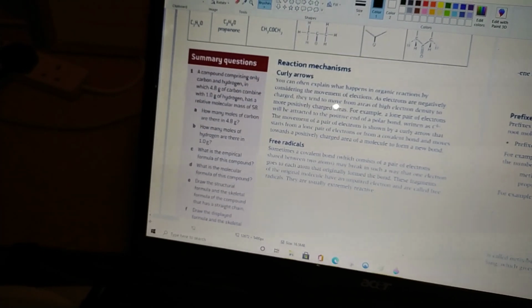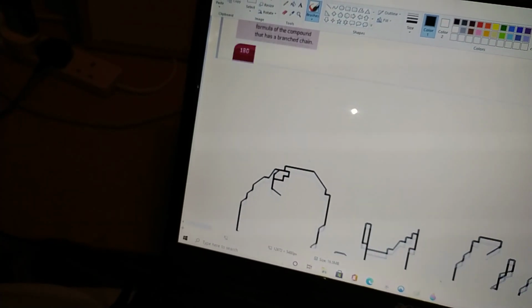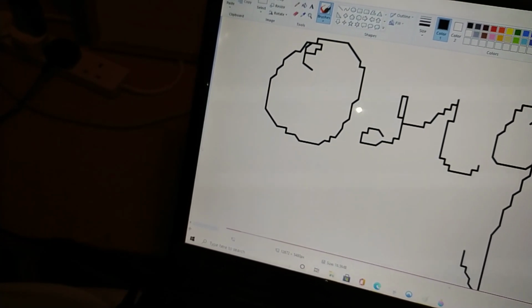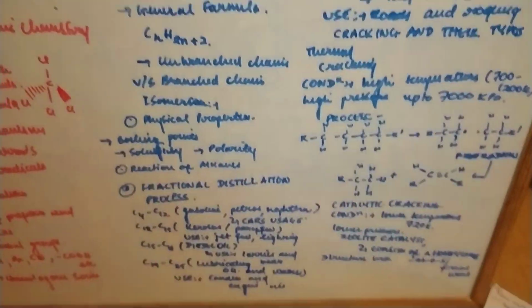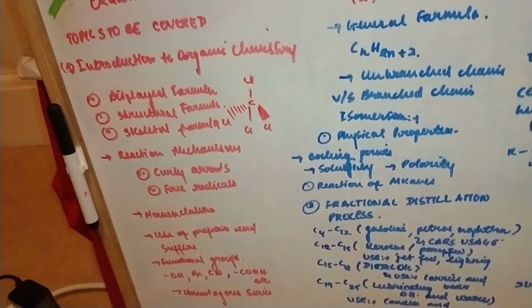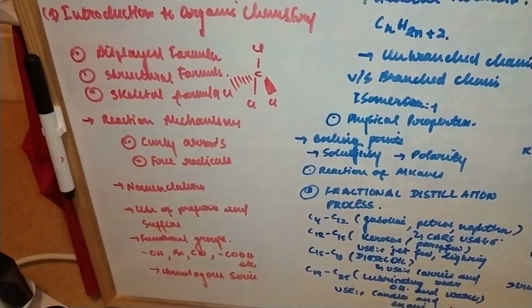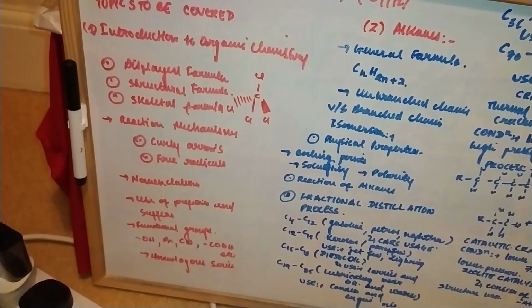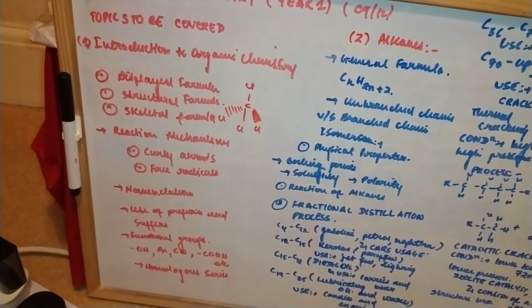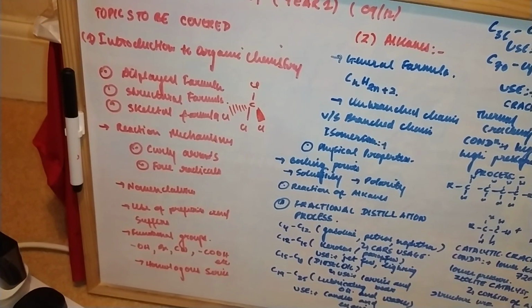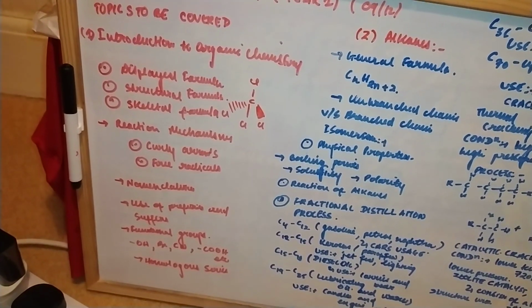Now coming to this, we then move to nomenclature, in other words how naming takes place, with the use of prefixes and suffixes, which I will just leave up for you now.